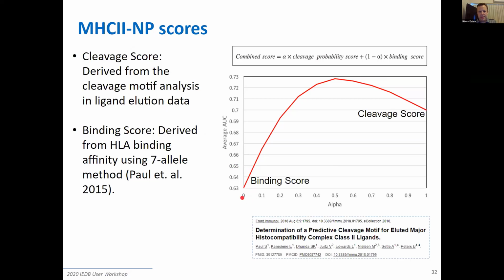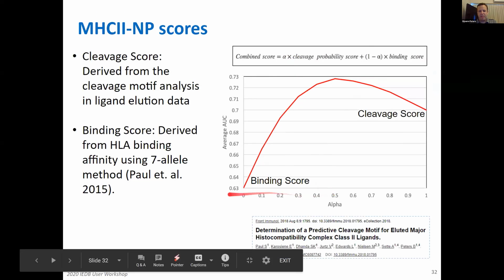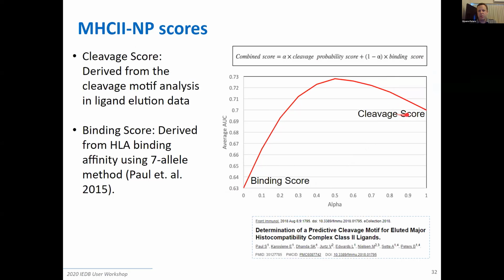So when we take the binding score and we multiply it by a score alpha, and then we have the cleavage score and we multiply it by 1 minus alpha, so then you see this essentially here corresponds to binding score. This is binding score by itself. This is cleavage score by itself, and then this is the combination.